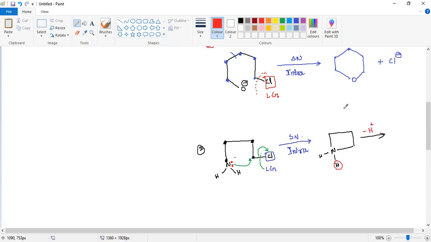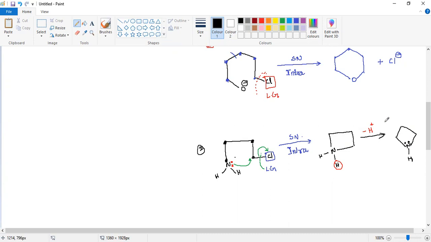Then how can we write that final product? I can write it better by twisting it like this, the nitrogen and NH compound like this, isn't it? With one lone pair, don't forget this. So this is the example of what?